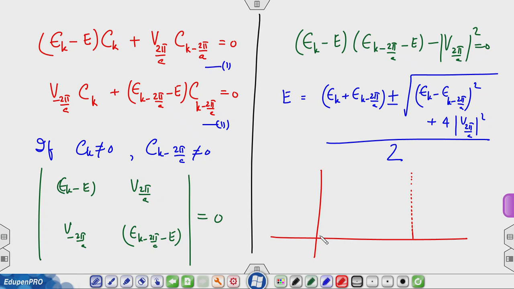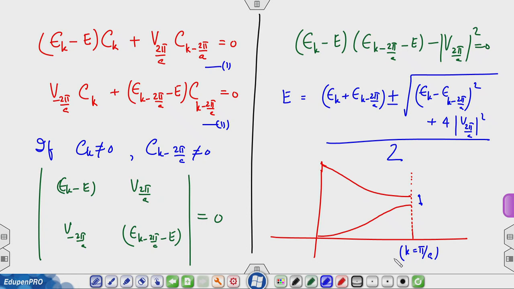You are going to get a curve something like this, up to this point, and the upper one comes out like this. There is a cusp here, so here there is a split. Notice I have stopped at k equals π/a. I will comment on what happens beyond that in a minute.